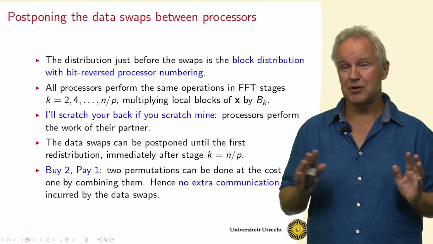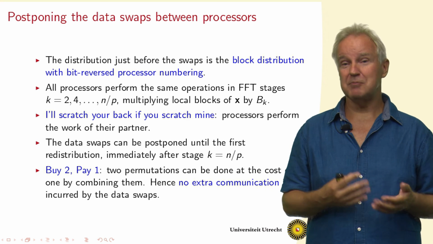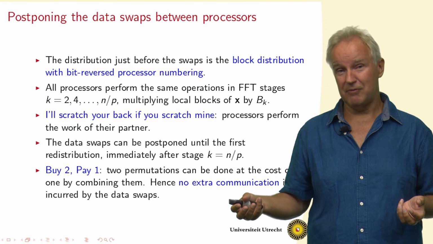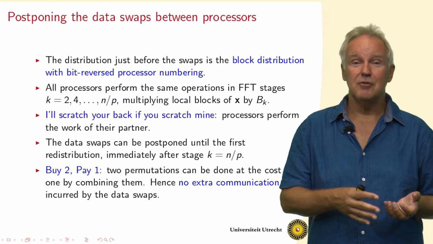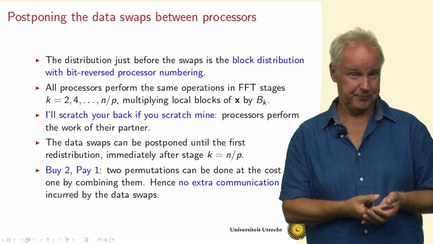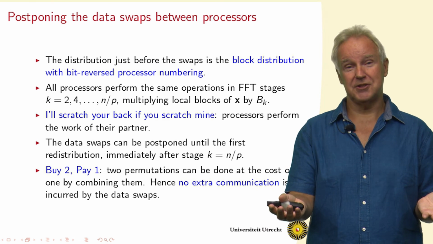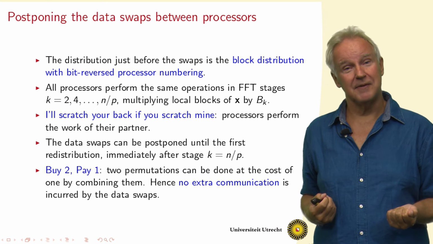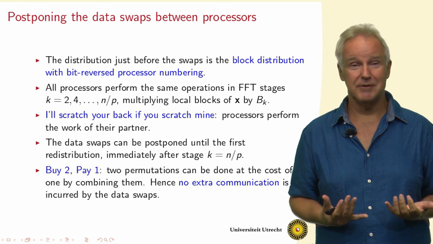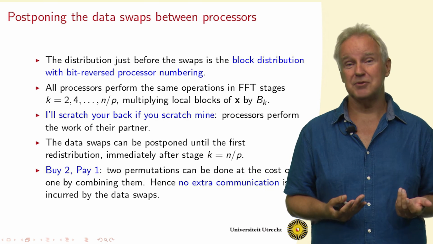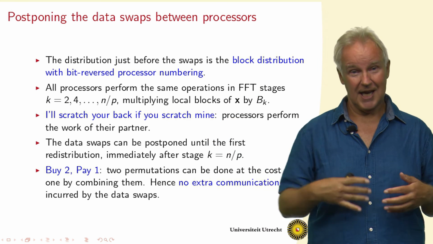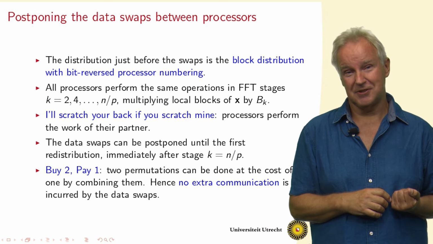Now, all the processors at the start, they perform the same operations. They have their data, a number of butterfly blocks, and for every butterfly block, they perform the butterfly operation. So I'll scratch your back if you scratch mine. The processor that has the data in the block reverse distribution just performs all the butterflies that its partner has to do, and the partner does the same for this processor.